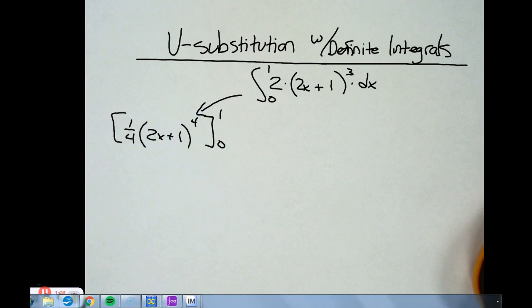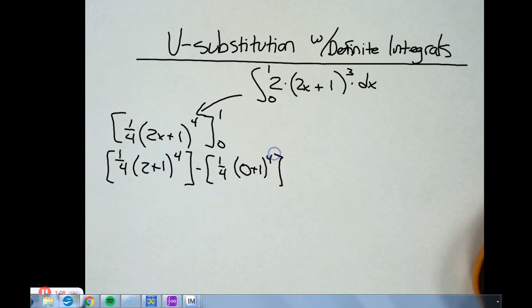I don't need the plus c in definite integrals because when I plug in both those spots, I'm going to put the c minus c. So, if I'm doing this, now I'm going, okay, 1/4 times 2 plus 1 to the 4th power minus 1/4 times 0 plus 1 to the 4th power.